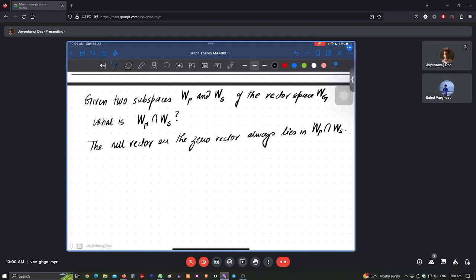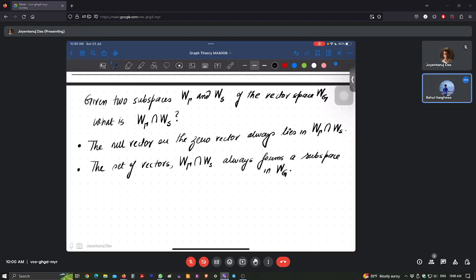And one more observation is that if I consider the set of vectors in the intersection, it is always a subspace in the larger vector space.